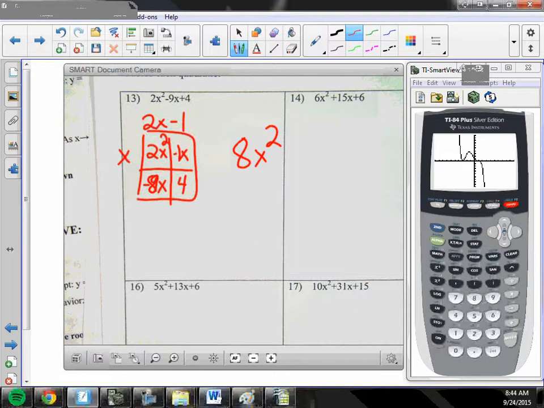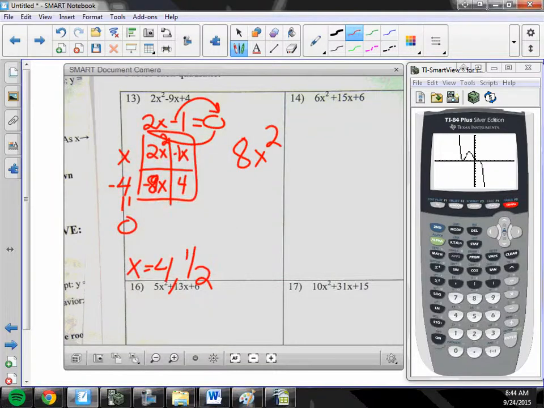So 2x times what is negative 8x? Negative 4. So what is my root here? X equals 4 is the first one. And then here, if I set this equal to 0, I add the 1, and then I divide by 2, so I get 1/2. Does that make sense?